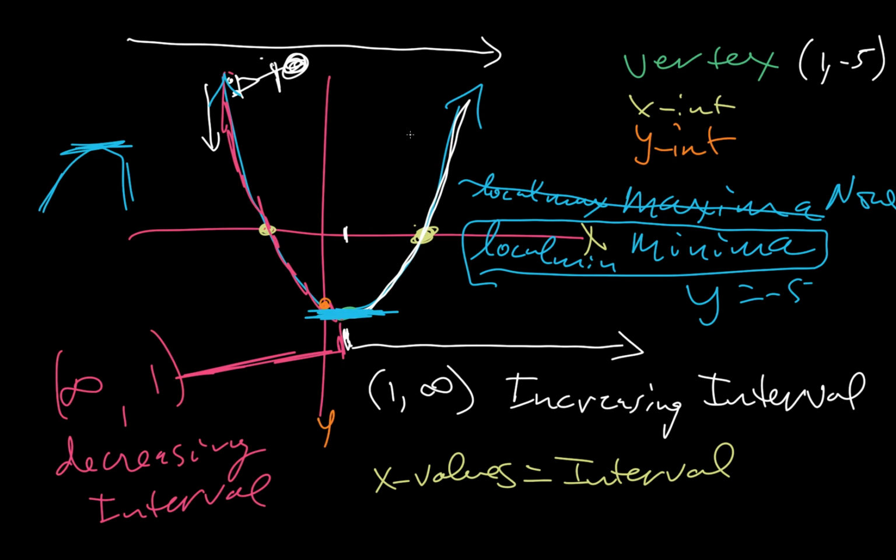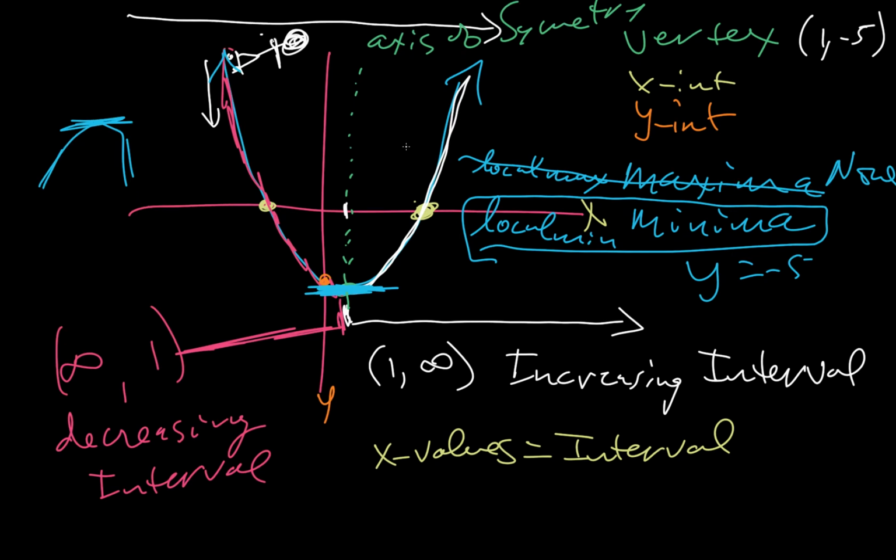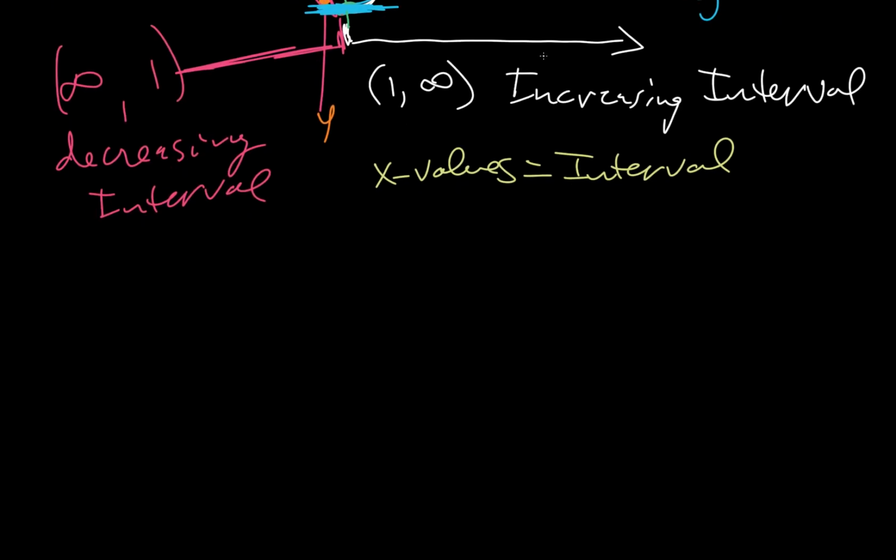Now, axis of symmetry, that's just going to be this line that cuts the parabola in half. So this is the axis of symmetry. And then we also have end behavior. Let's see, I'm going to draw a different diagram.